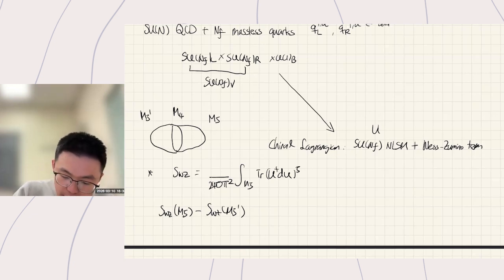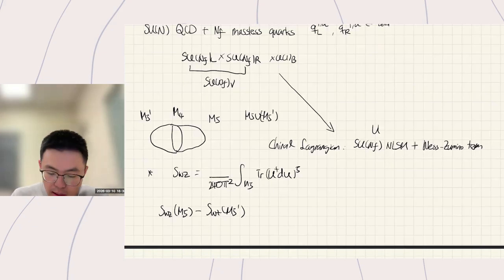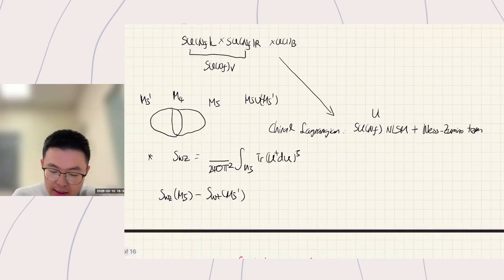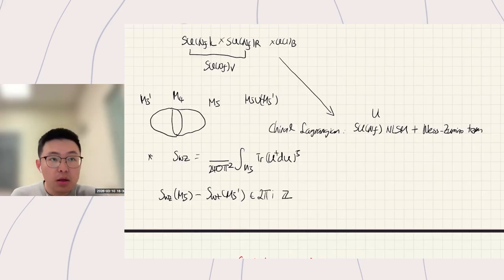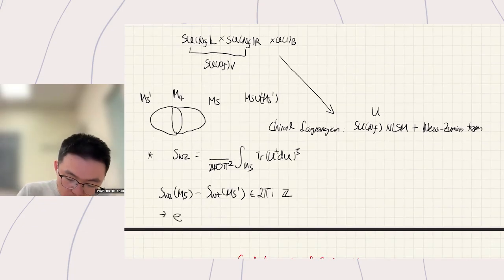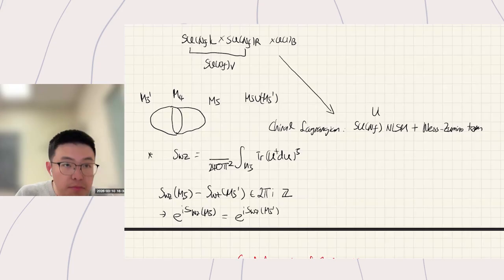This closed manifold is given by the union of M5 and M5 prime; technically speaking, it's minus M5 prime. When we evaluate the Wess-Zumino term, what's nice is that it always gives you 2 pi i times an integer. That means that if we evaluate the Boltzmann weight, which is the exponentiation of the Wess-Zumino term, it is invariant. So that's why this is a well-defined term that can be added to the action.